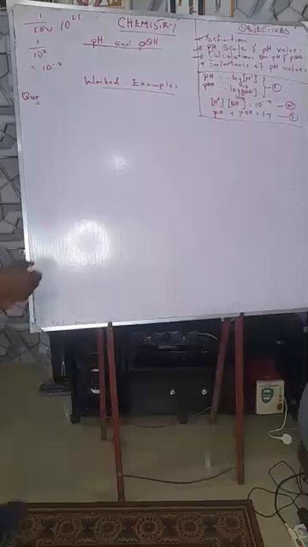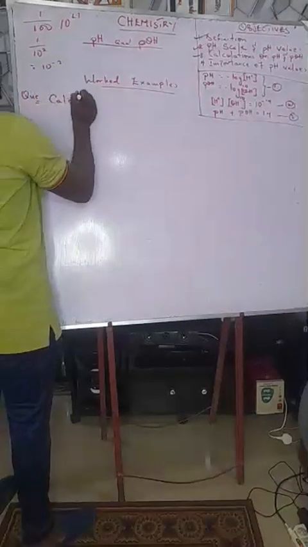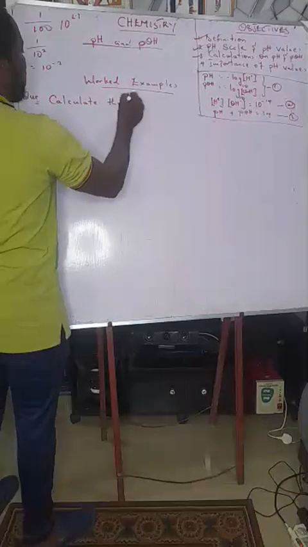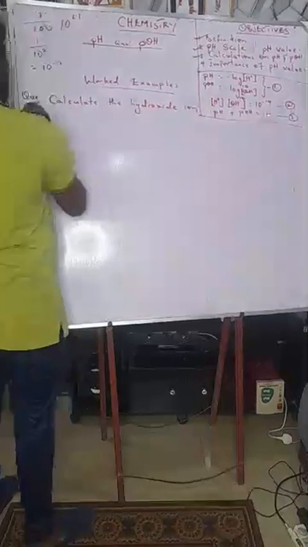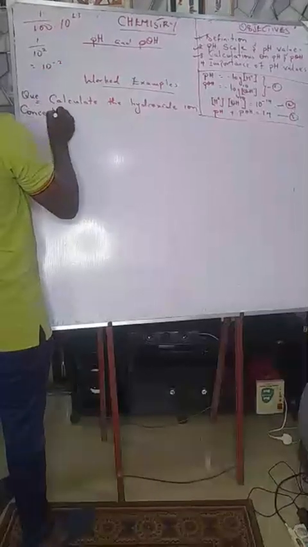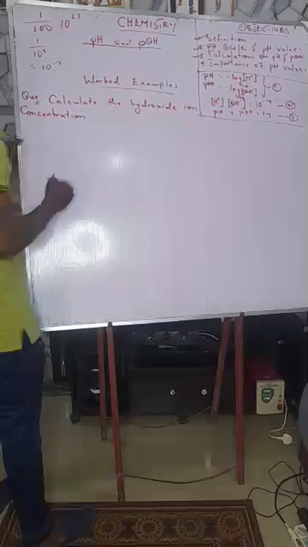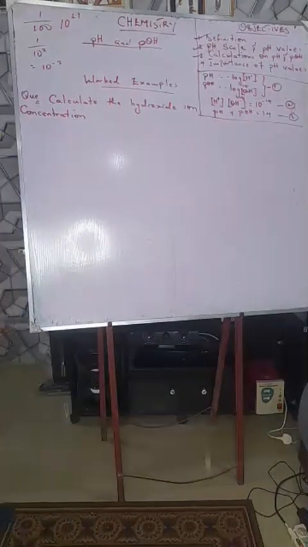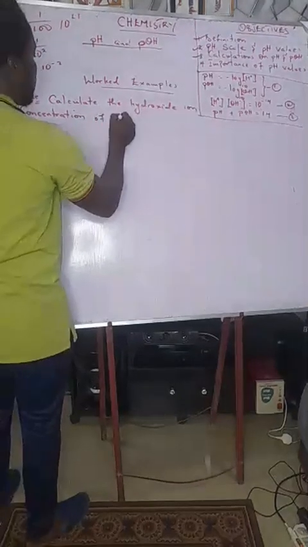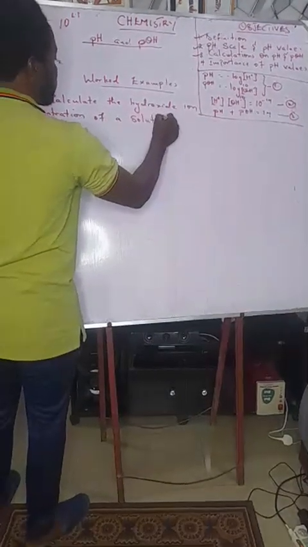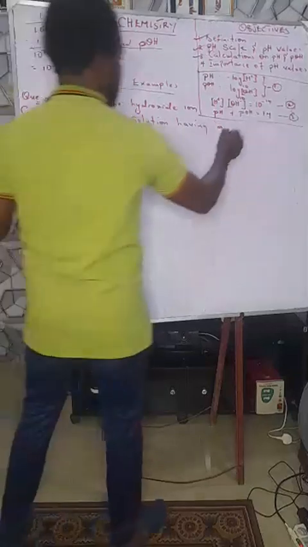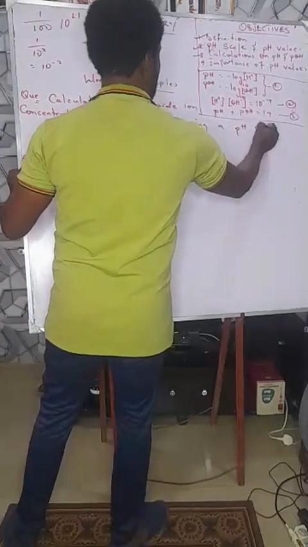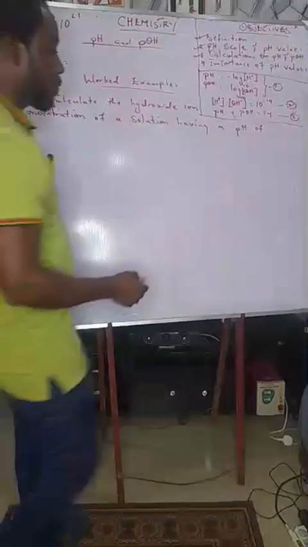Calculate the hydroxide ion concentration of a solution having a pH of 4.0.